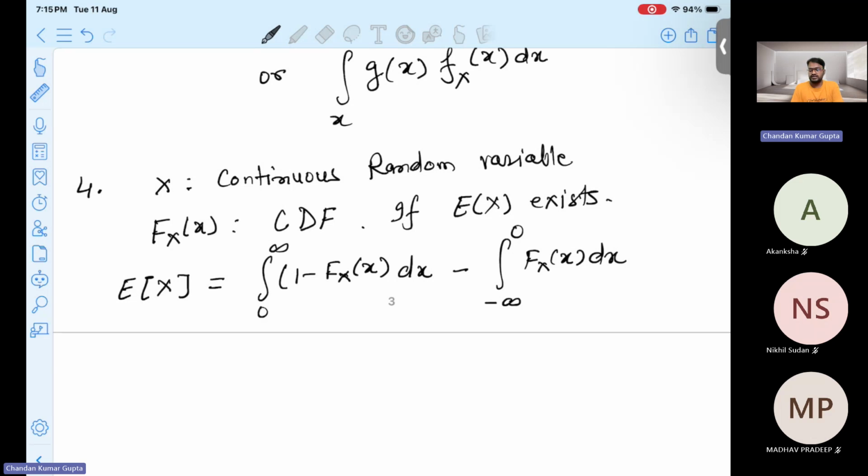So if we are directly given the CDF, we can use this formula to find the expected value of the random variable. But this only holds in the continuous case.